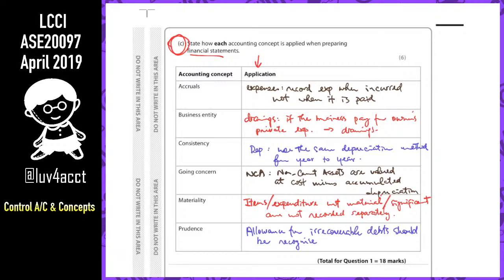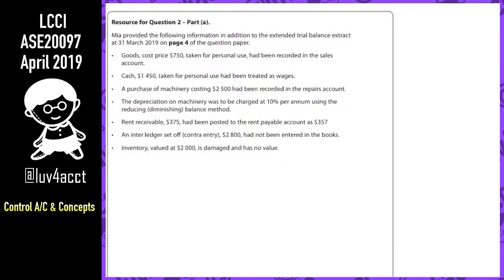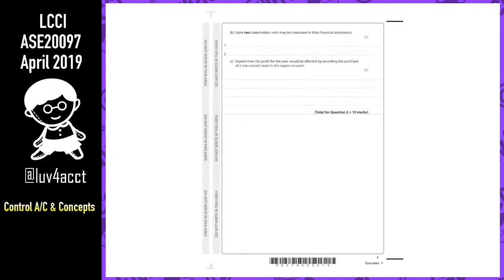But here I would like to really show you how these are applied instead of just sticking to the mark scheme given. So question 1, 18 marks finished. Question 2, 7 items given to you, and then you have to fill in the extended trial balance for Mia, and then some other questions, 19 marks.